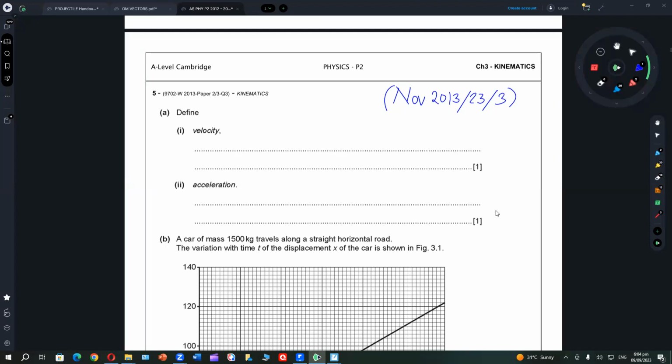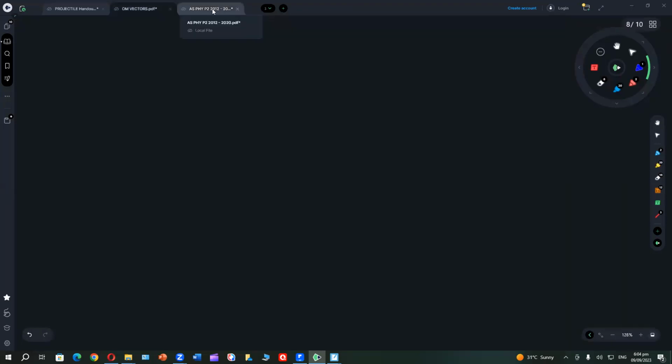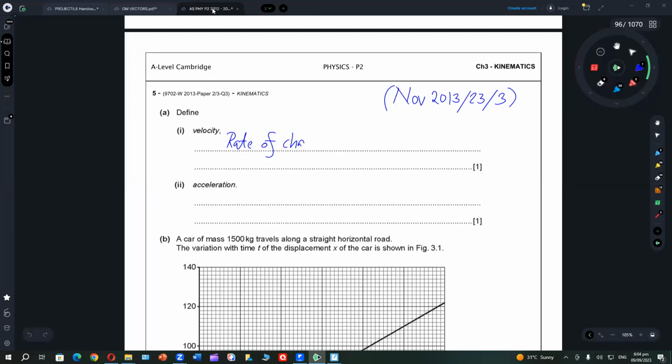Velocity is the rate of change of displacement. Yes, velocity is the rate of change of displacement.